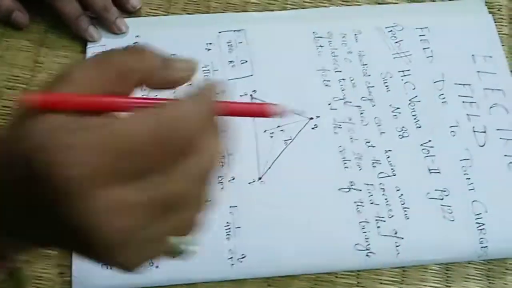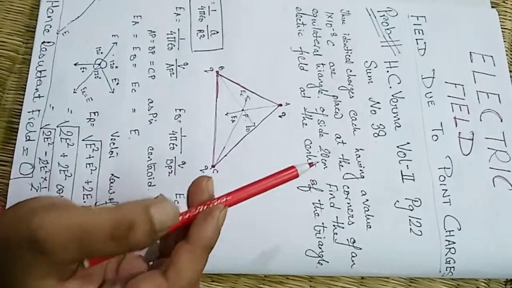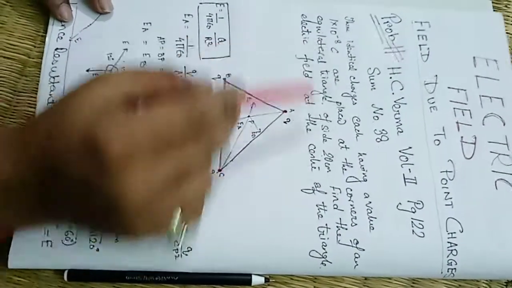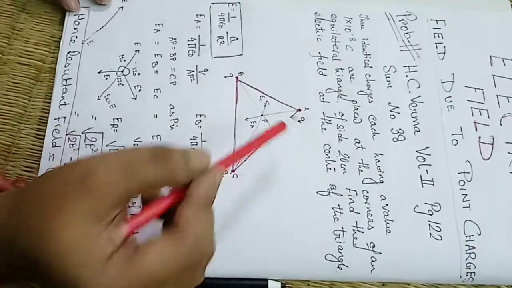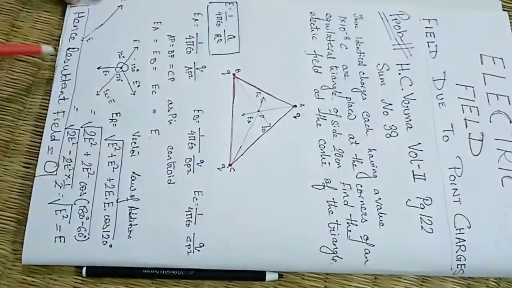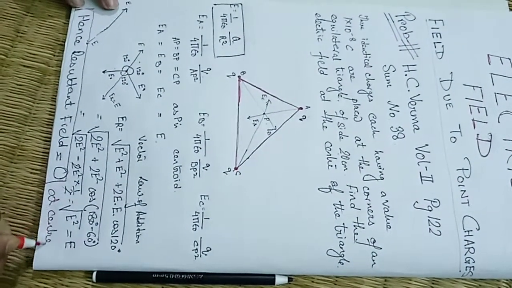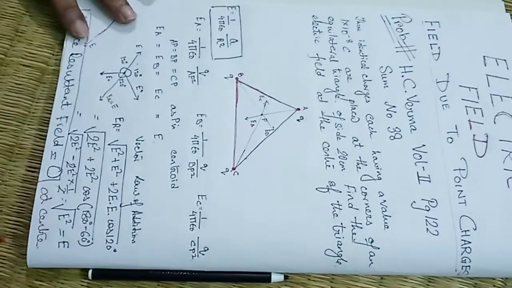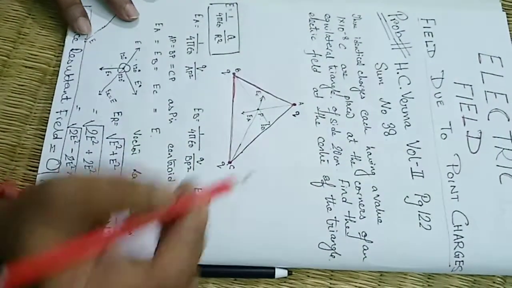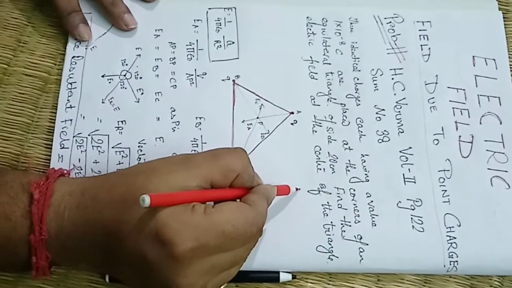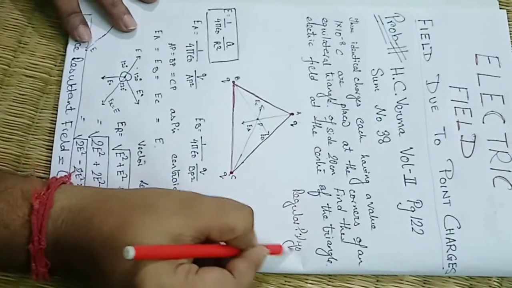We have not gone into the coulomb and 20 centimeter. So always remember that whatever be the charge, whatever be the side of the triangle, if it is an equilateral triangle and all the charges are equal, the net field at center is equals to 0. Remember one thing, friends, that we can extend this sum for a regular polygon of n sides also.